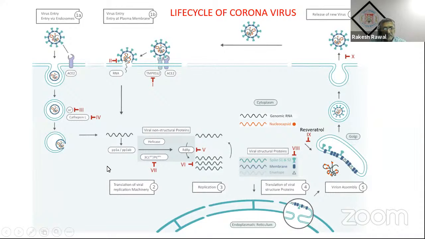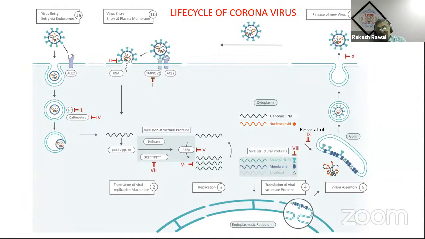Once it enters, it hijacks our own translational machinery and keeps our epithelial cells busy manufacturing its own structural protein as well as its own RNA and the nucleocapsid. Ultimately it is processed and thrown out of the cell in multiple copies, in thousands or millions. As a result, the cells which harbor them are lysed or undergo apoptosis.